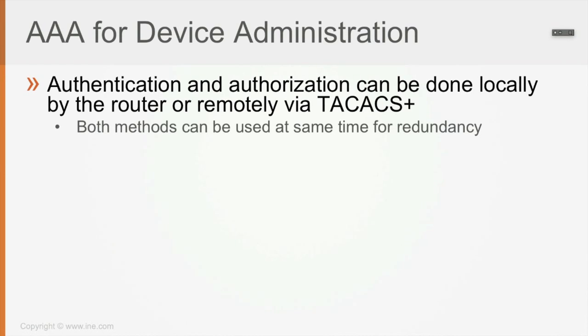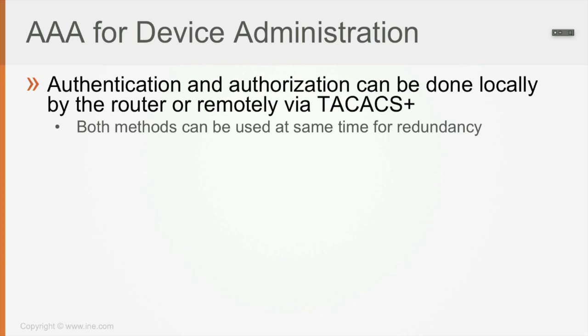So authentication and authorization can be done locally by the router or remotely via TACACS+. You get to choose. And in general, you're going to perform both of them. You're going to make sure that the router has a primary method like TACACS+, and in case TACACS+ is no longer available for whatever reason, the server had a problem, or the router can no longer access the TACACS server, then it's going to fall back on local authentication.